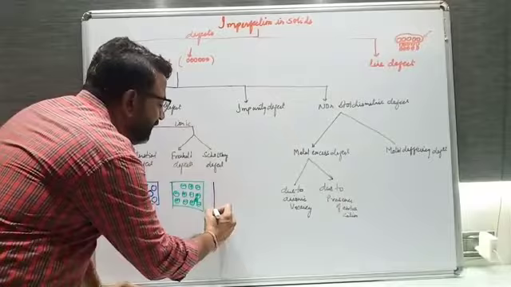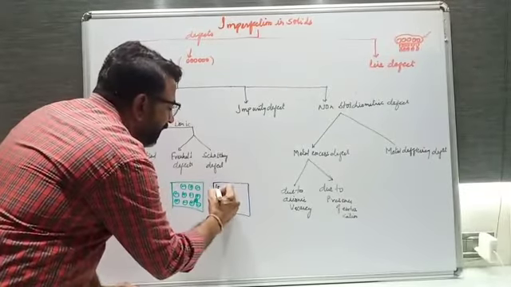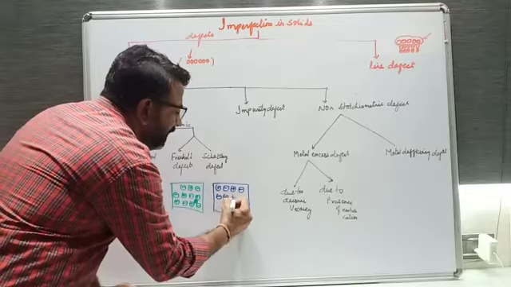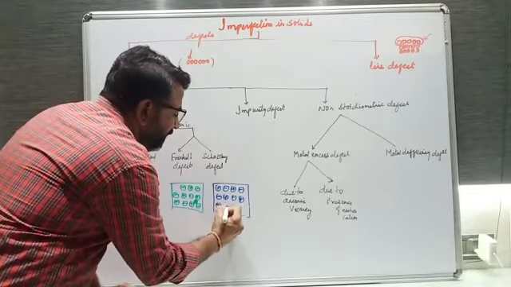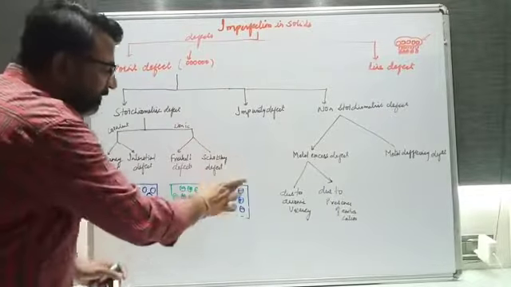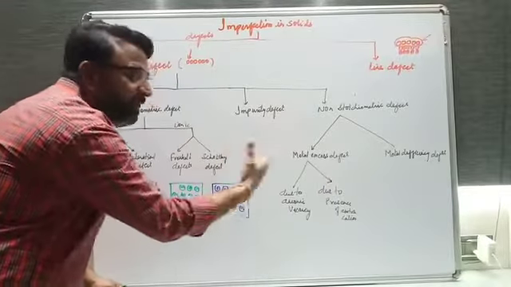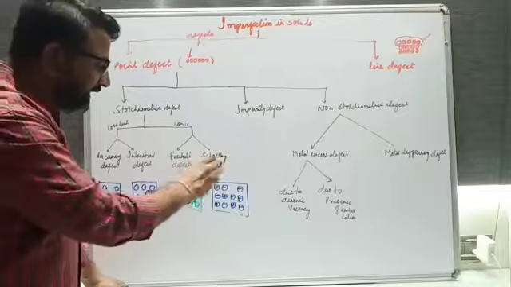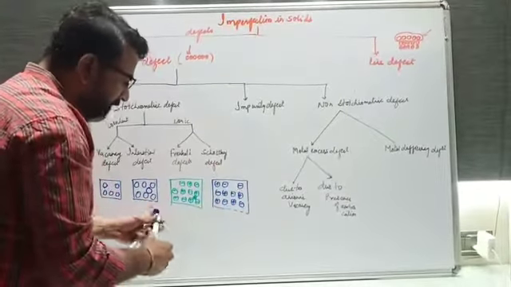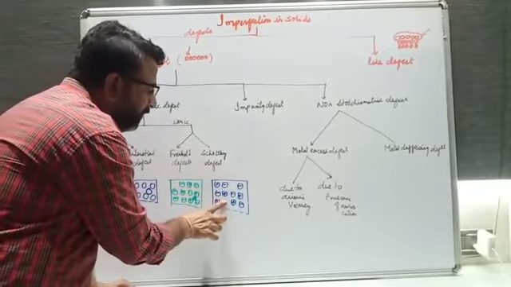In that case, you will see a positive charge and negative charge, alternating: positive, negative, positive, negative. Suppose from one unit cell, one positive ion has been replaced, meaning it has migrated. Understood this thing? Along with that, one negative ion will also migrate.